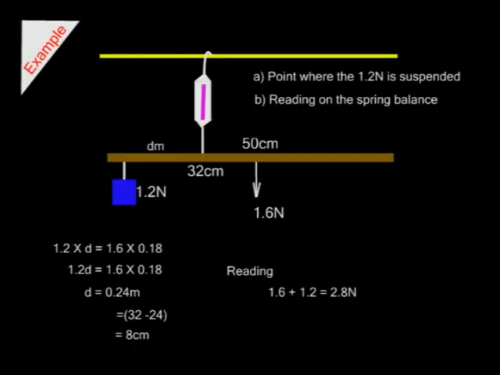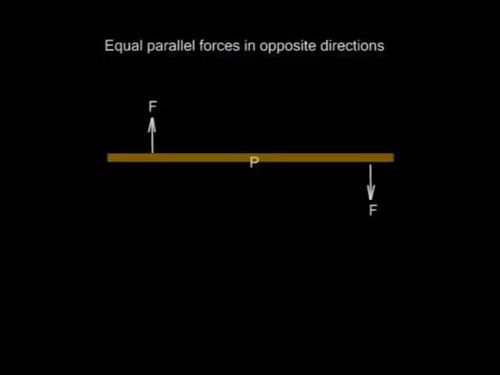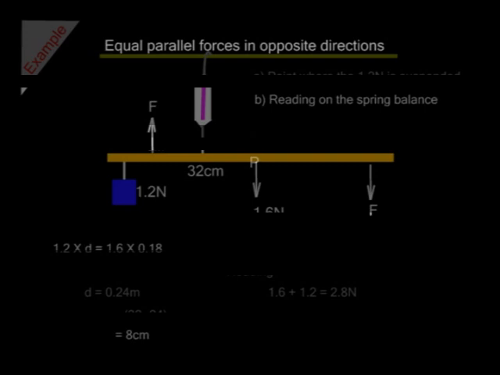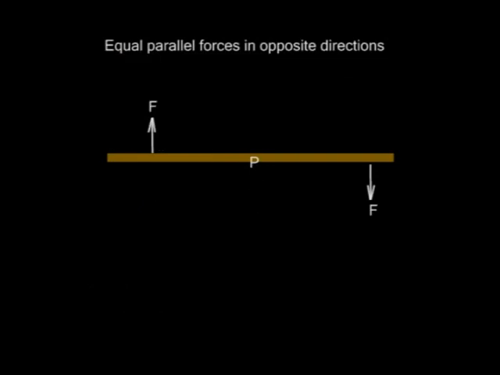The forces are equal, that's why I have designated both of them as F. But notice they are acting in opposite directions. F is pulling upwards, the other is pulling down. You notice that they have equal magnitude. They are equal.